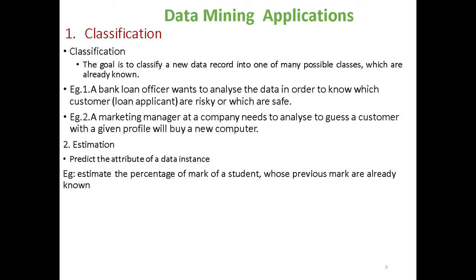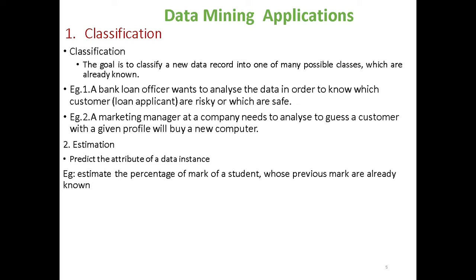The bank officer will compare the loan applicant's demographic features like salary, savings, etc. with the other people who have taken loans from this bank. From this comparison, he can decide whether it is risky or safe to sanction the loan to this applicant. So what we have done here is a yes or no classification.